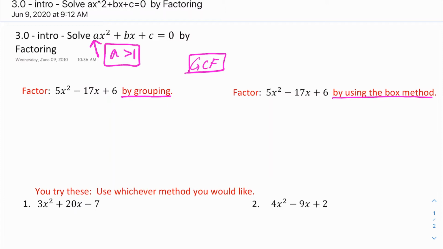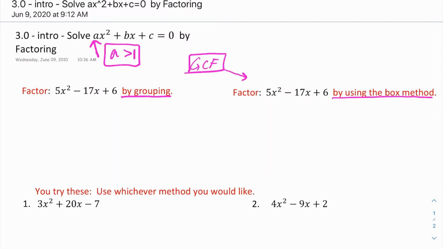With the box method, if you forget it, the method breaks down and doesn't always work. That's why I don't always recommend the box method, but you're free to use whichever one you like, so I'm going to show both. I also think the grouping method takes a little less space, but it doesn't really matter.